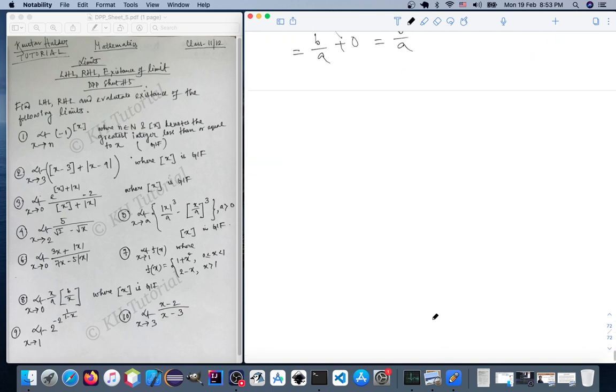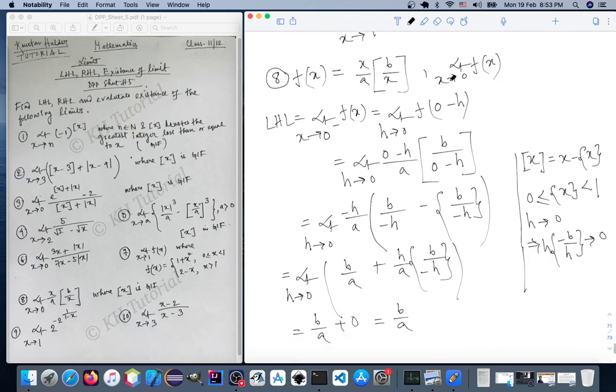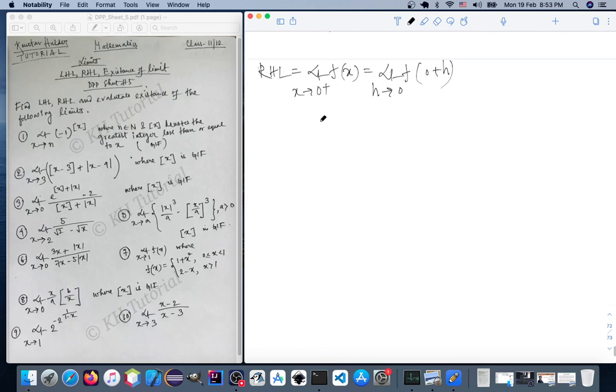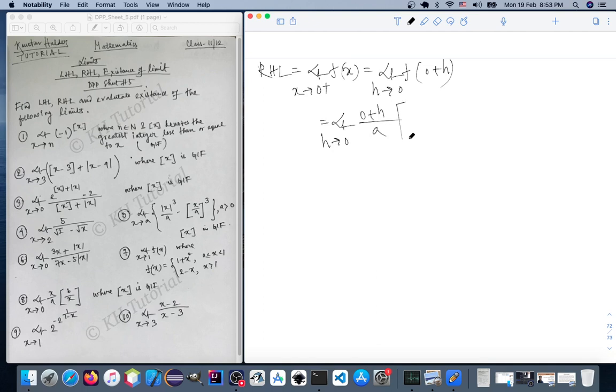Now let's see what is RHL. RHL is limit x tending to 0 positive f(x) equals limit h tends to 0 f of 0 plus h. This equals limit h tending to 0, (0 plus h) by a box b by (0 plus h).